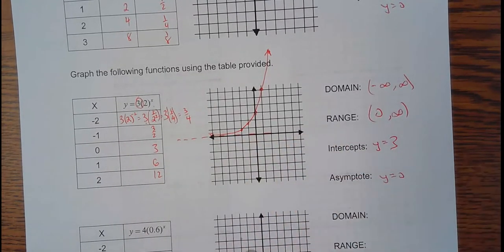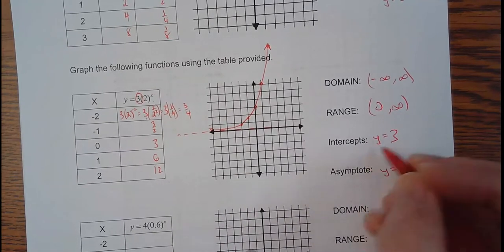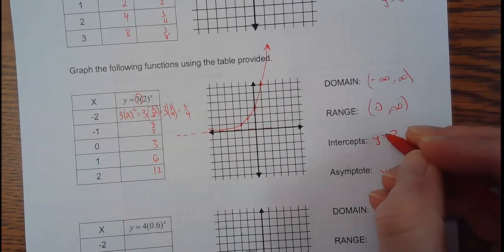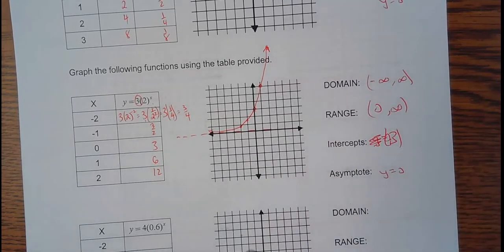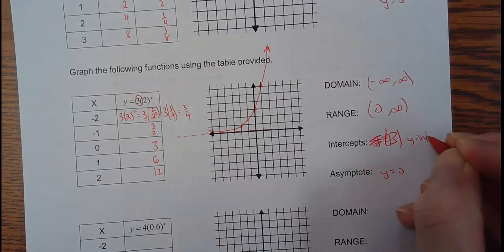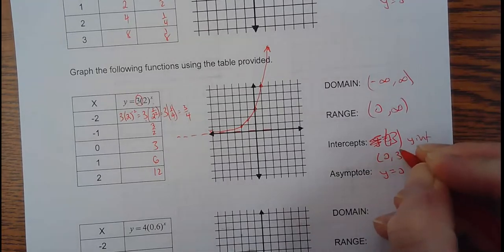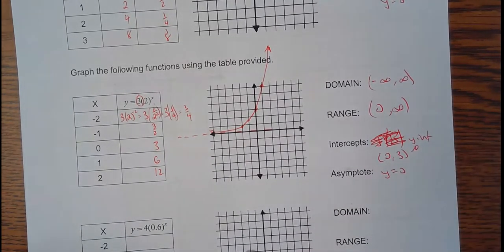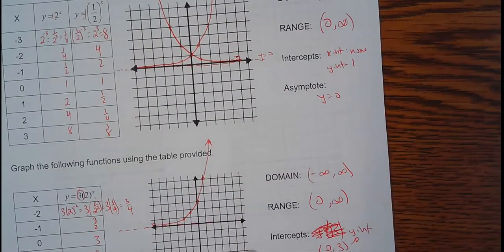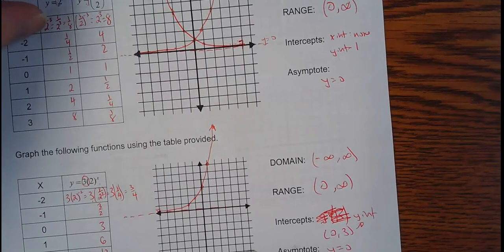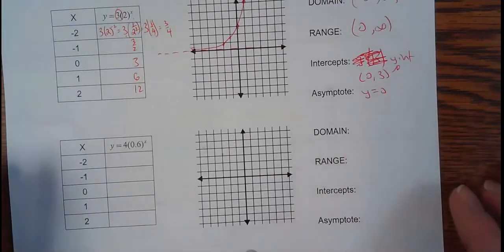Again, x-intercepts, there's none. Oh, maybe I should say this too. 0, 3 is your intercept. I'll call that the y-intercept. So 0, 3 is your y-intercept. I think in Math Excel, if you say 1, it probably counts wrong. If it's an ordered pair, make sure you put 0, 1 or 0, 3.